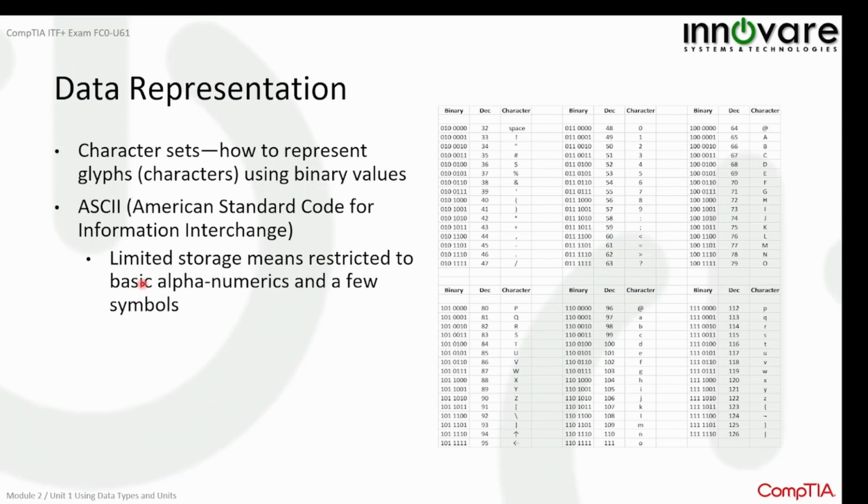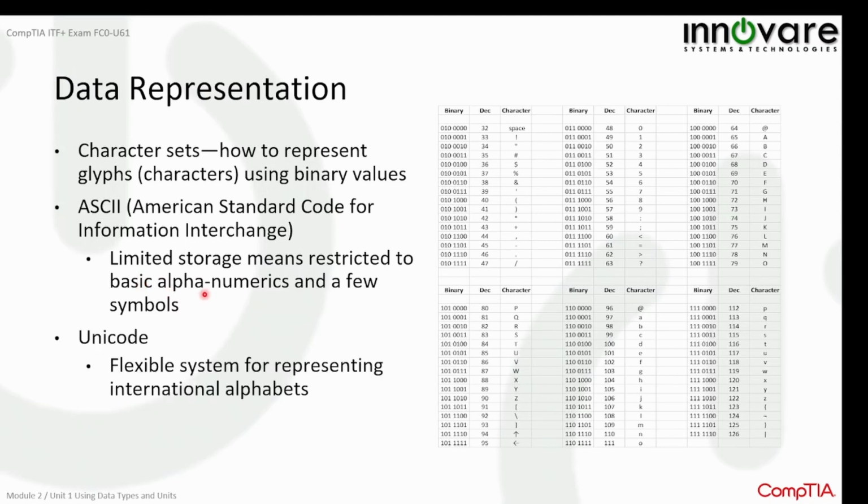And then there's Unicode, which is flexible for representing international alphabets. That's all you need to know about this. Data representation is basically in these three, though there are many others, like encodings and encryption. But they basically use character sets in general, and ASCII or Unicode.